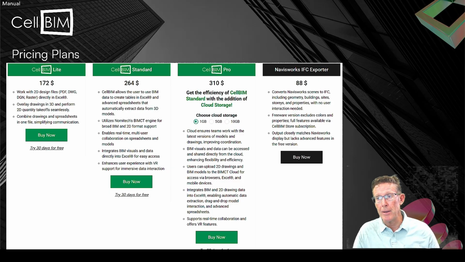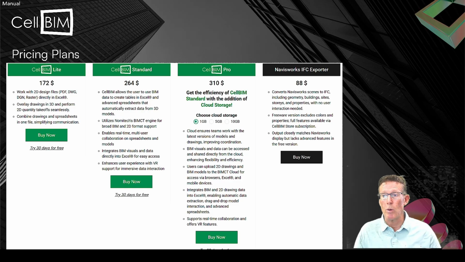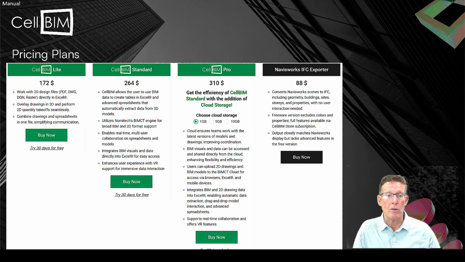Your CellBIM Standard is probably our preferred licensed software that's built for efficient 2D and 3D takeoff. The CellBIM Standard is typically designed to extract quantities from BIM models, leveraging the model geometry as well as the basic metadata that we need to continue our 5D BIM workflows.